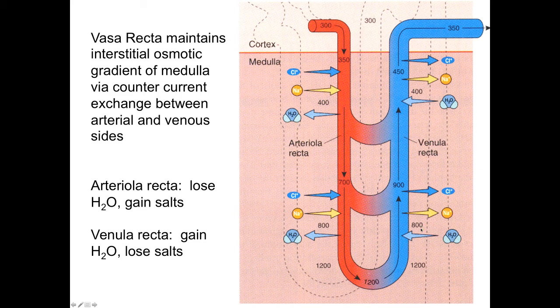This is a very unusual type of arrangement, but this countercurrent exchange tends to help maintain the very high osmotic gradients as you go deeper and deeper into the medulla of the kidney. And again, this will be highlighted in much more detail in your physiology course.